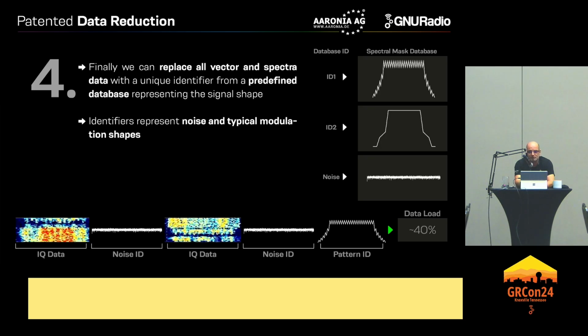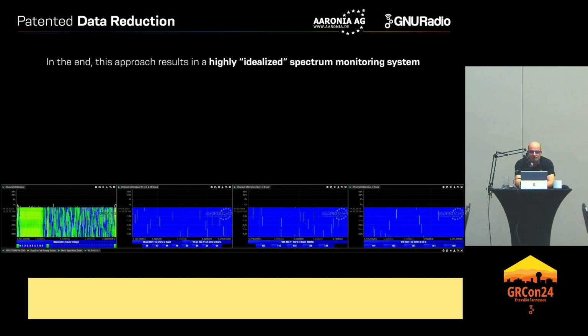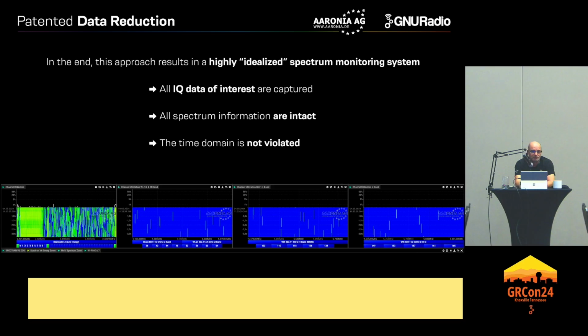Instead, I see a noisy something, and it looks real. And that's how you reduce the data. And at the end, you get a super idealized spectrum system. So you have all the IQ information you really want to have. You get the spectrum information completely intact, and the time domain is not violated. So it's really significantly reducing the data load, and you have no real losses.